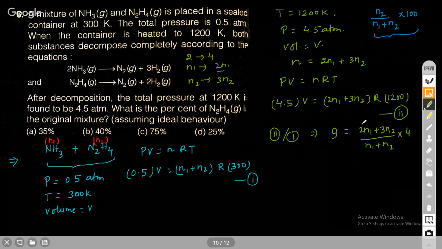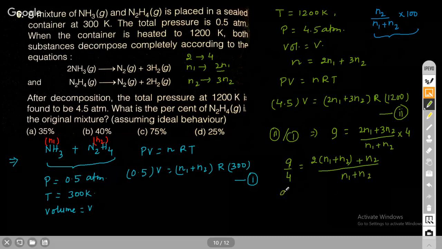One thing is, you can solve this for N1 and N2 and you'll get the answer, but I'll solve this in a different manner. We have 9 by 4 on the left hand side, equal to 2N1 plus 3N2 over N1 plus N2. Can I write this expression as 2 into N1 plus N2, plus N2, divided by N1 plus N2?